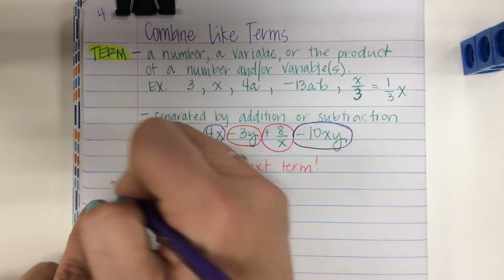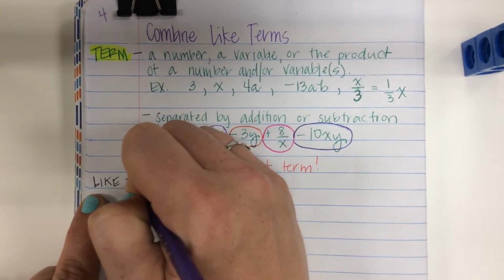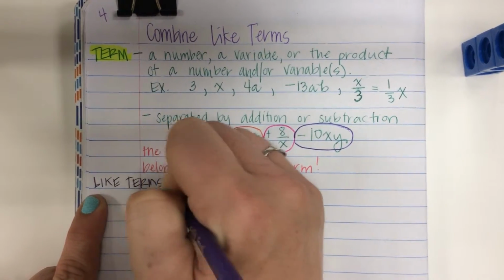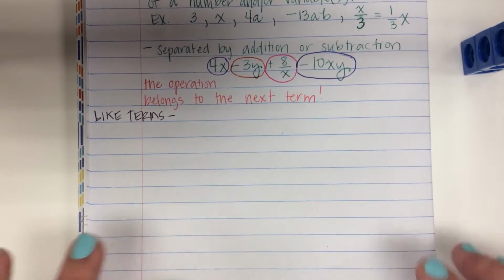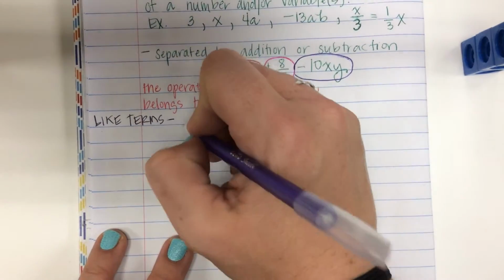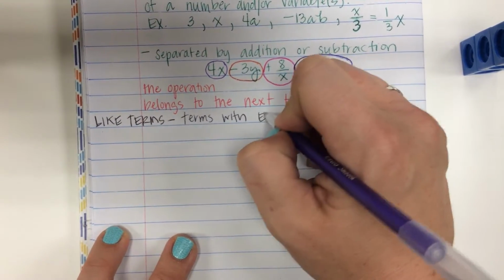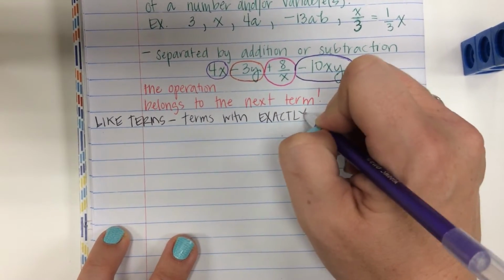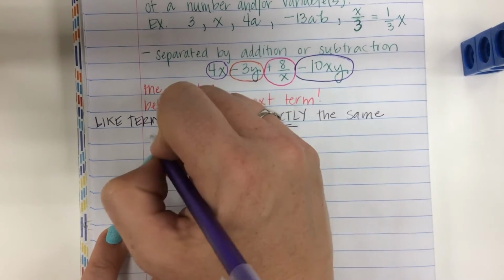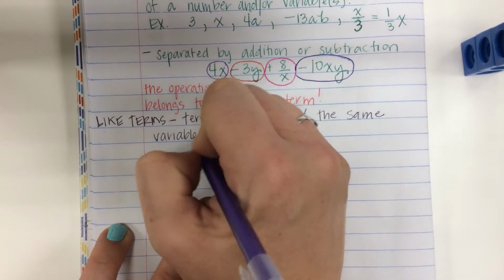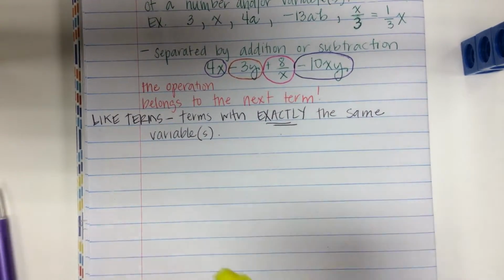So, now that we remember what terms are, we need to remember what like terms are. Like terms are terms with exactly the same variable, or sometimes you can have more than one variable in a term.